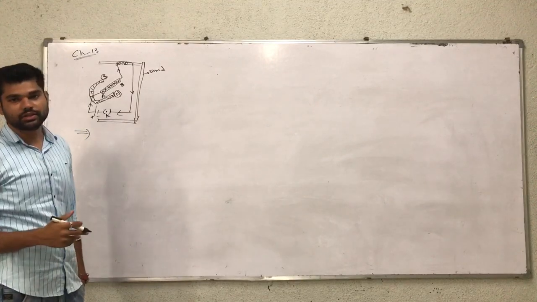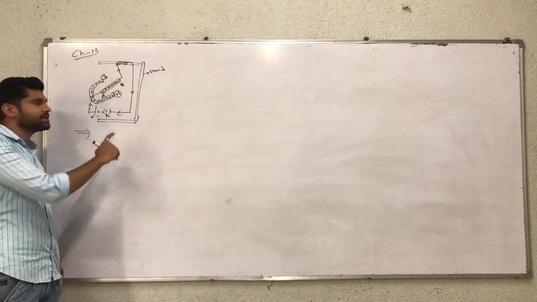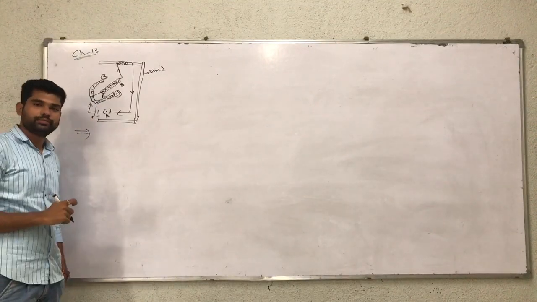So the deflection is due to the electric current and the horseshoe magnet.